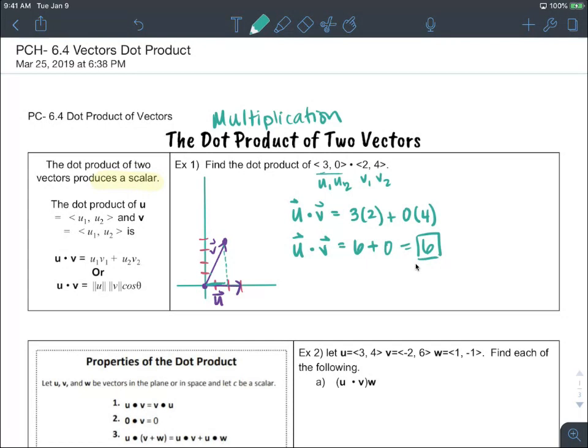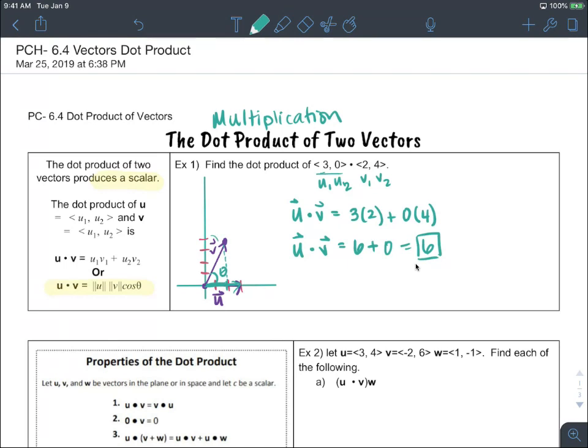Another way to look at the dot product is here. If I look at my drawing, the magnitude of u, so the length of u, times, if I call the angle between these two vectors theta, the length that overlaps, which is the magnitude of v times the cosine of theta.